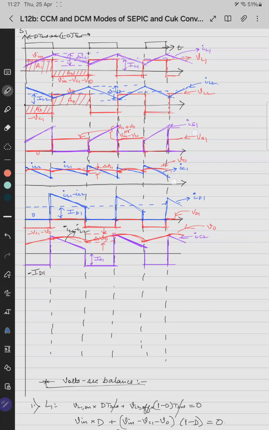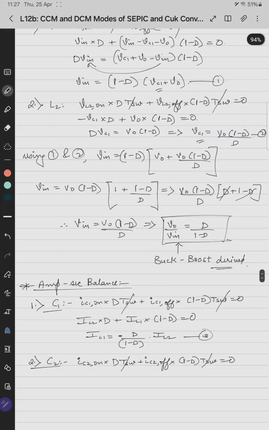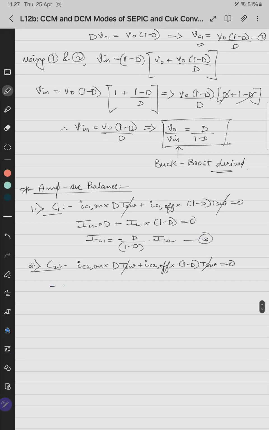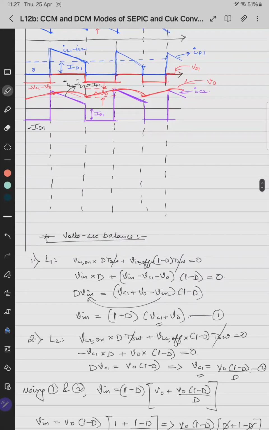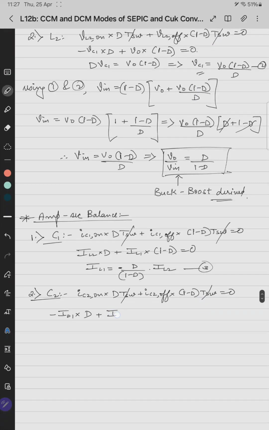But this is the IL1 minus IL2, which is shifted down by the value of minus ID1. So it is minus ID1 into D plus IL1 minus IL2 minus ID1 into 1 minus D equals to 0.